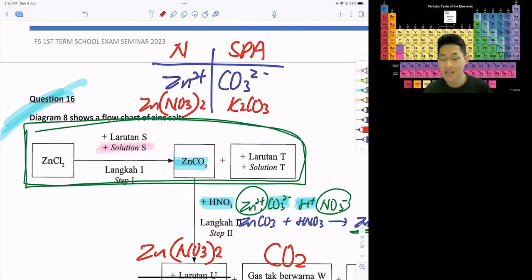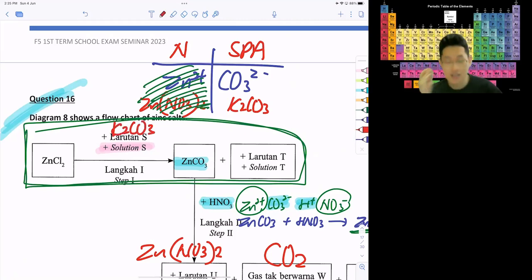Okay, my reactant is zinc nitrate and potassium carbonate. So look at the one they gave me. Oh, they already gave me something with zinc. Zinc chloride is something with zinc. Then we can just ignore this part already. So that means solution S will be zinc chloride, plus potassium carbonate or sodium carbonate.